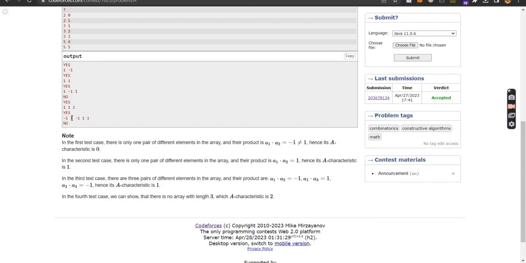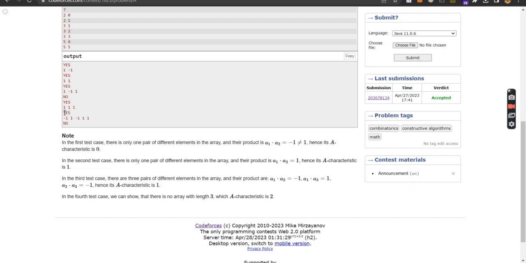In this case, if you take both positive, there are three positive ones, so the count is going to be 1, 1, 2, and 3. There are two negative ones, so their contribution will be 1. So the sum of all the A characteristics will be 4. So it turns out you can solve this test case using this construction.